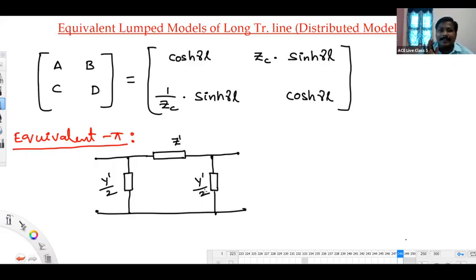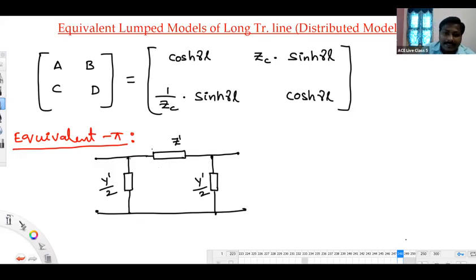Simply, I have to calculate the values of Z dash and Y dash by 2 such that the ABCD parameters of this equivalent pi model and the exact ABCD of the long line both match.